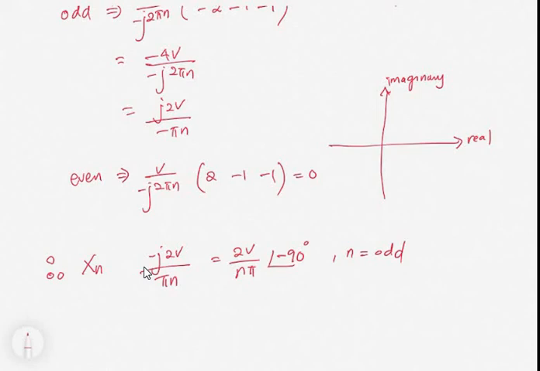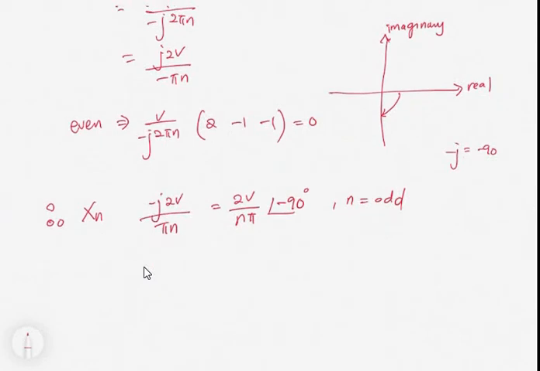Okay? Minus j is equal to negative 90. So here, negative j is equal to negative 90. And then you get 0 for n equal to even.